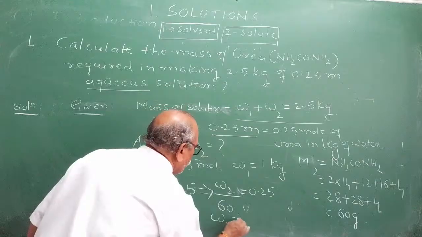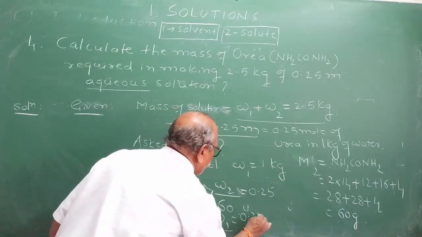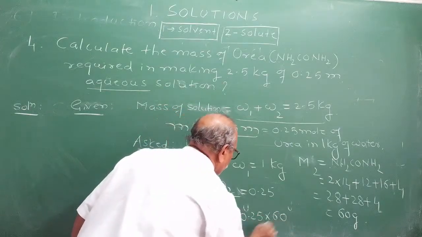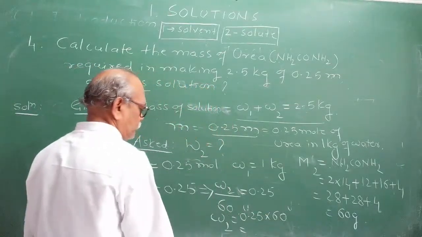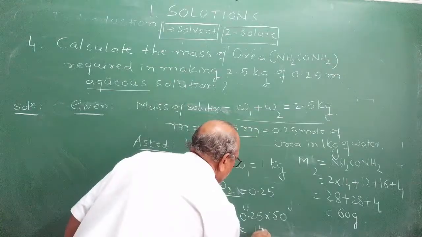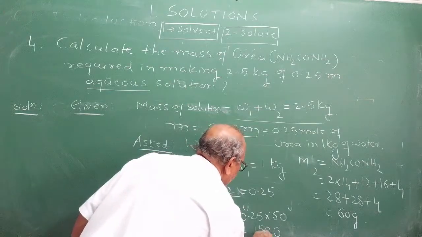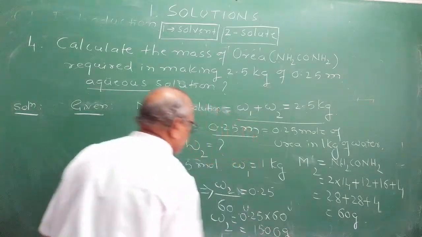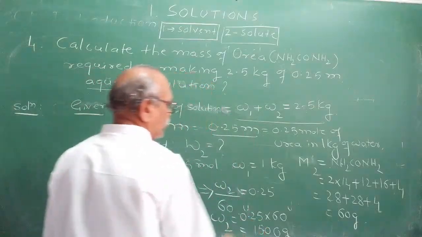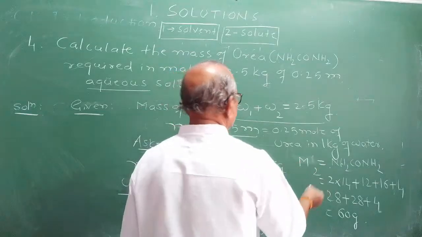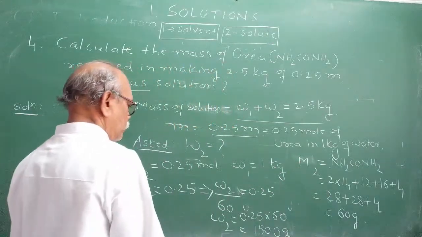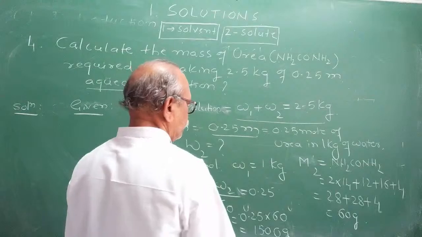Therefore, W2 is 0.25 into 60, which gives 15 grams. 15 grams is the mass of urea.